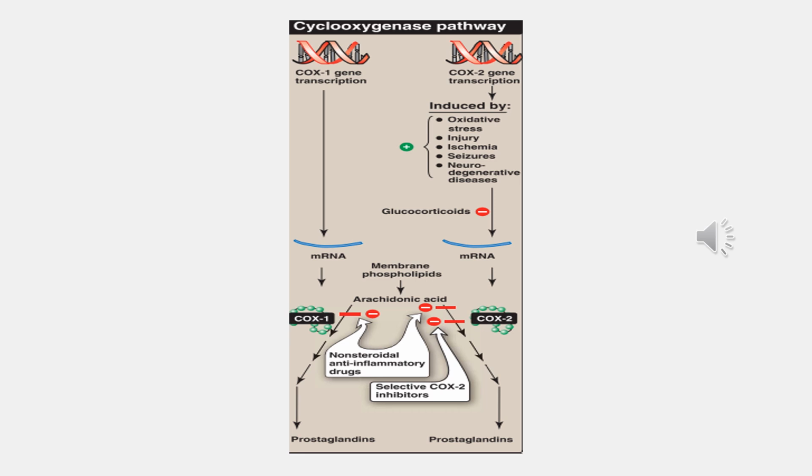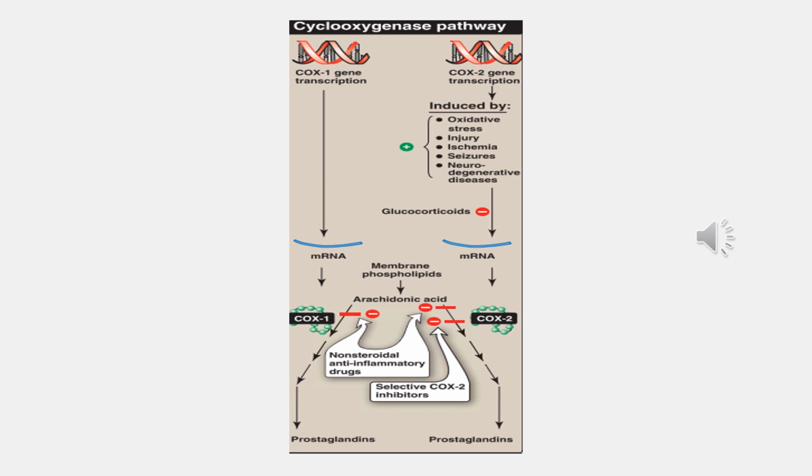Under these conditions, the COX enzymes will act on some molecules, the important one being arachidonic acid. These COX enzymes turn the arachidonic acid into other very important molecules called prostaglandins.